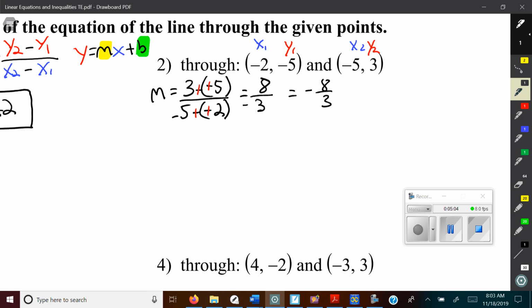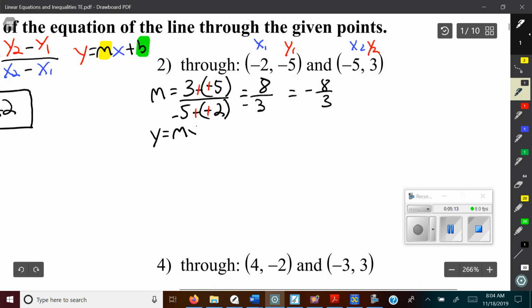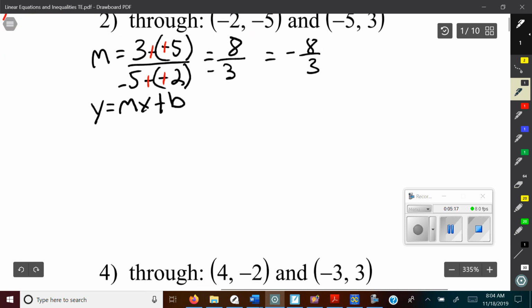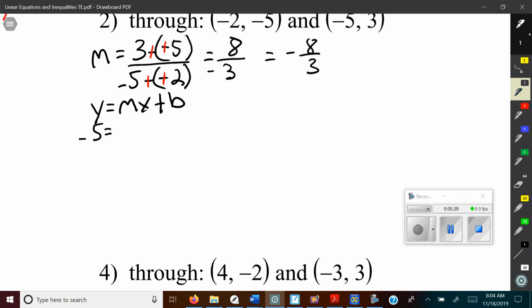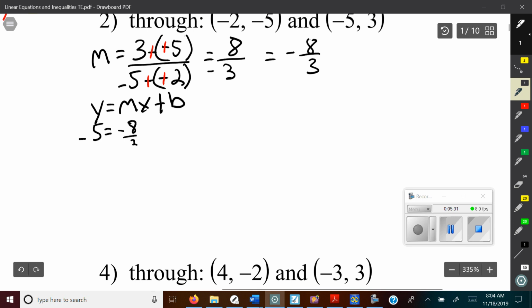All right. So now I'm going to go ahead and find the y-intercept by plugging into y equals mx plus b. I'm going to plug in one of my points here, take this -2 and -5, and for y, I put -5. For m, I'm plugging in the slope, -8/3.